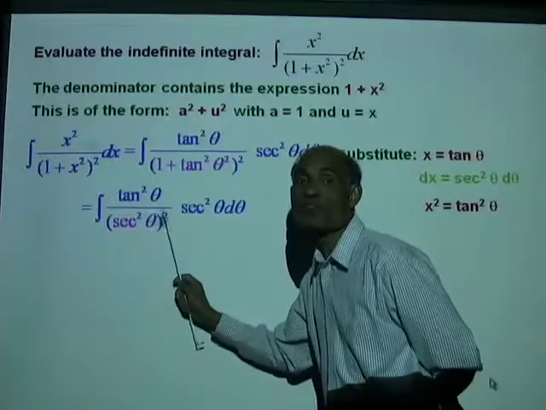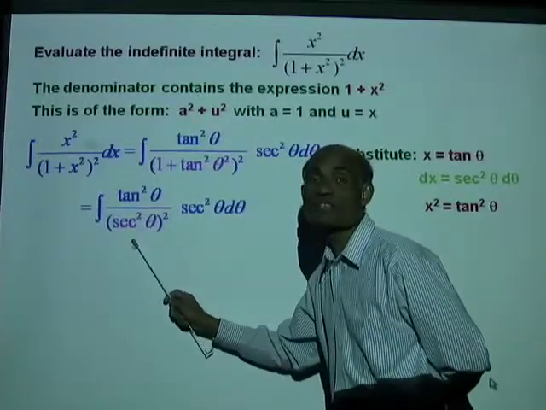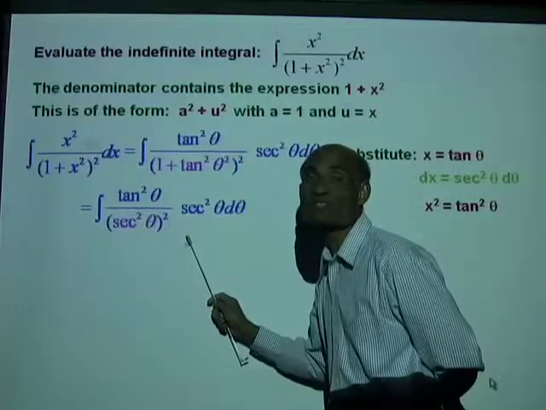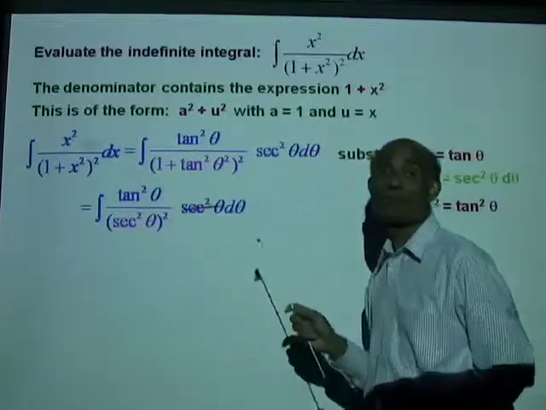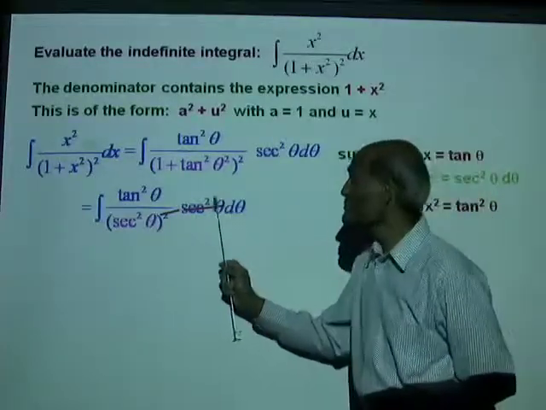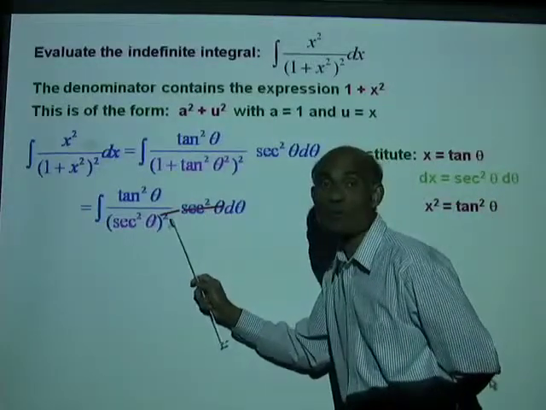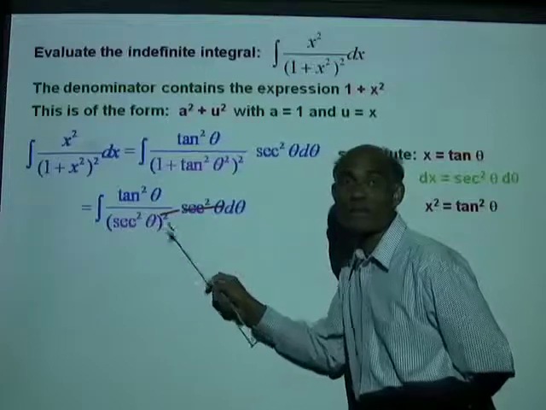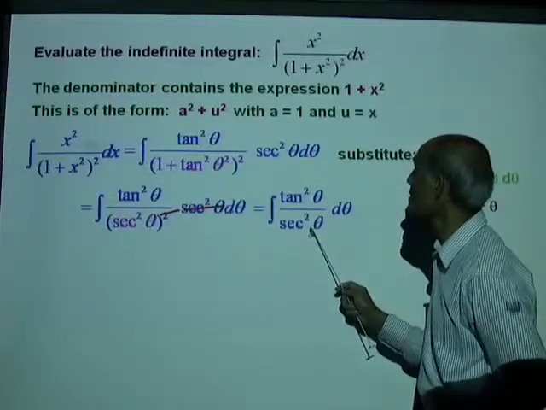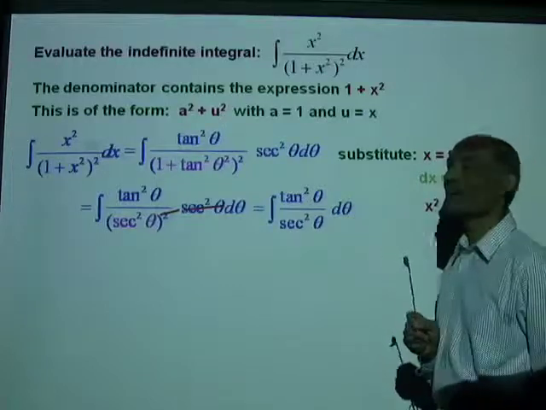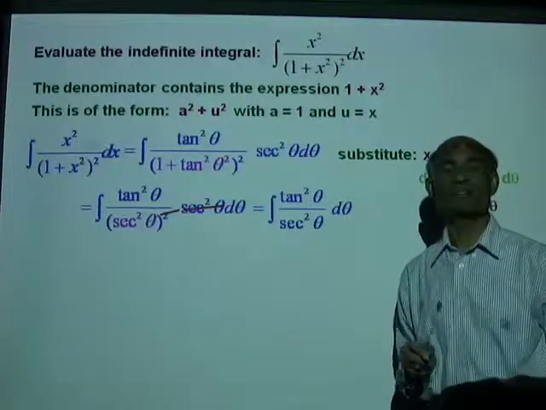Remember, secant squared theta all squared is secant squared theta times secant squared theta. One of them will cancel and the other will remain. And you notice I just cancel the power. That means this is going to stay. So that will be integral tan squared theta divided by secant squared theta d theta.